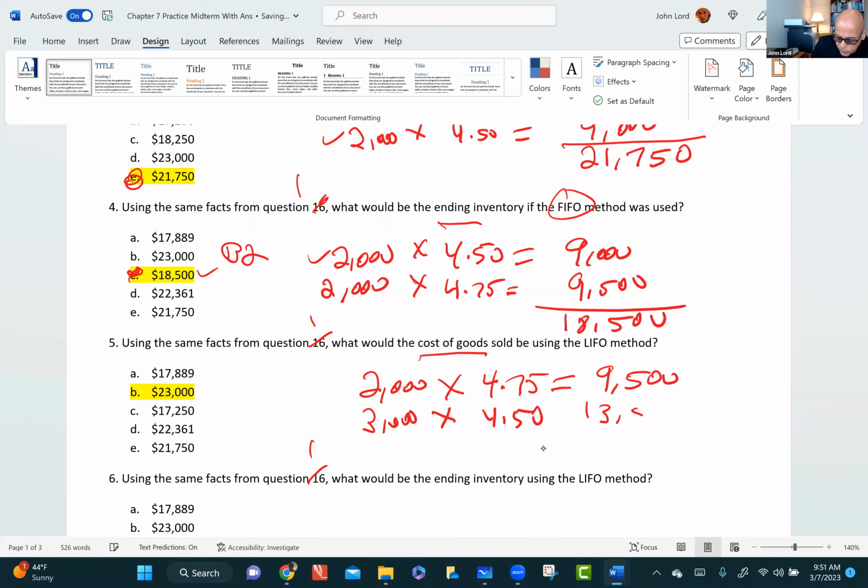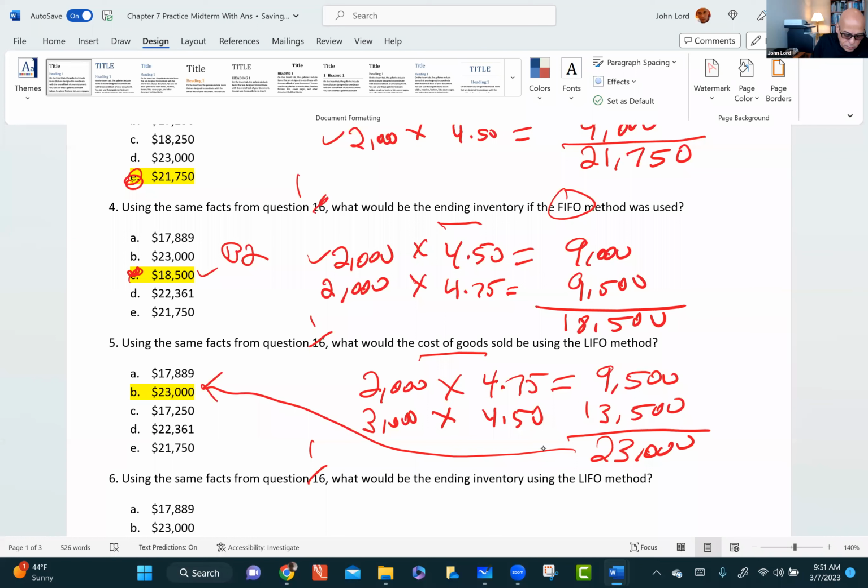Is that what you guys are getting? So 9,500 plus 13,500 gives me 23,000 for my cost of goods sold.